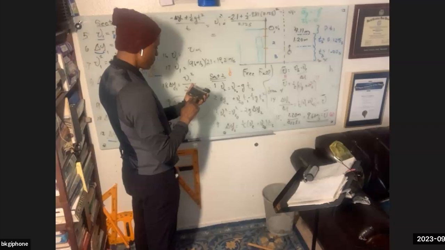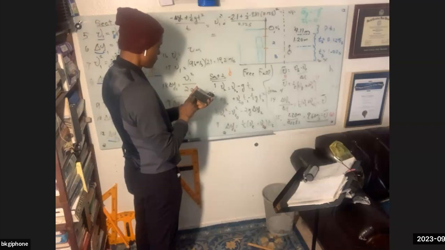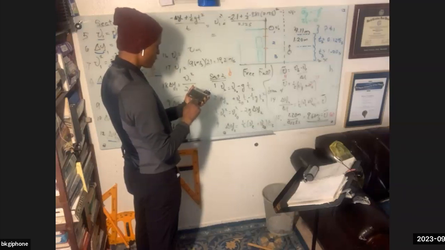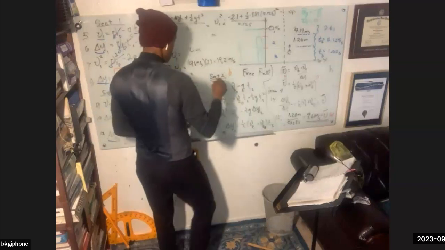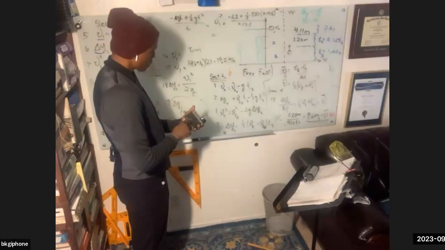So do it again. 0.125 squared, 9.81 times 2.1. Actually, it's 1.2. Sorry. Yeah, it would be 1.2, not 2.1. I was off with the sig figs that time.